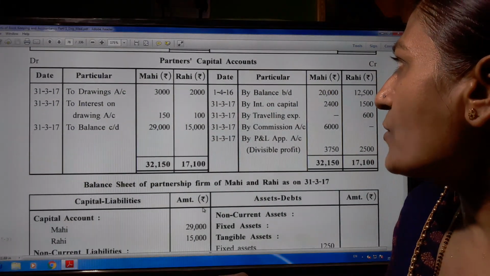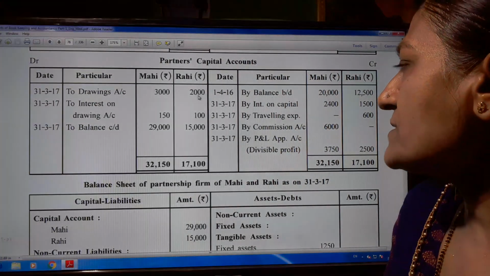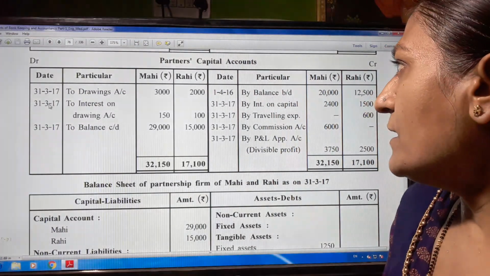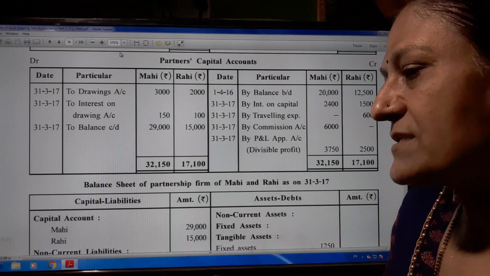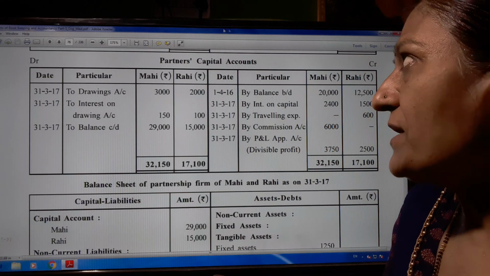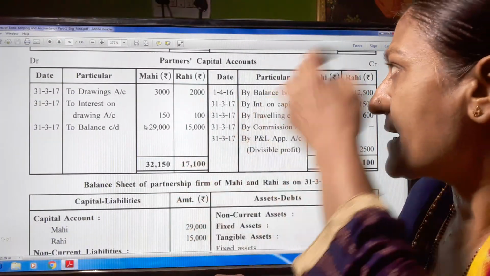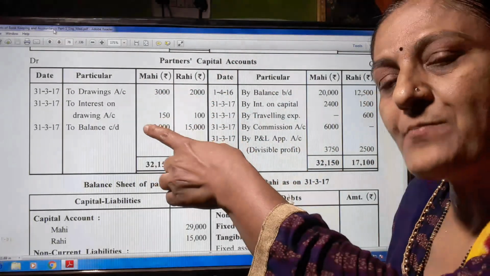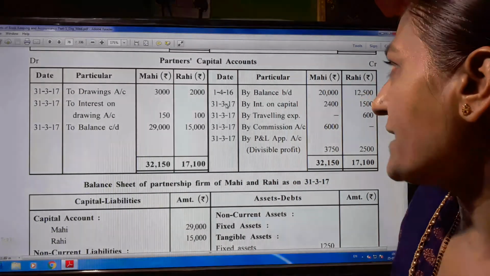Partners' capital account, drawing account: 3,000 Mahi, 2,000 Rahi. Interest on drawing 150 and 100, we transfer this amount from the profit and loss appropriation account. Profit and loss appropriation account credit side, then partners' capital account debit side; and profit and loss appropriation account debit side, then partners' capital account credit side.